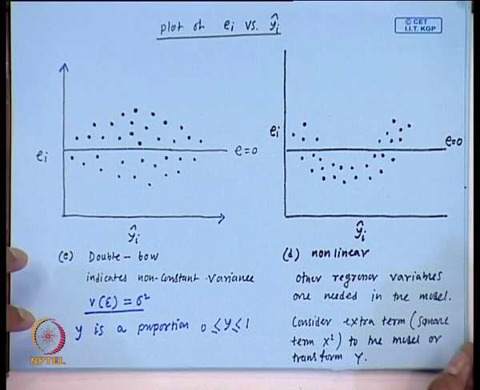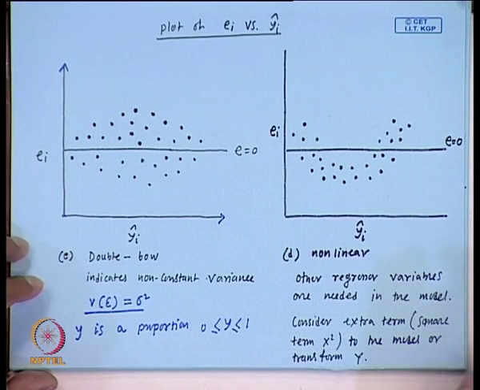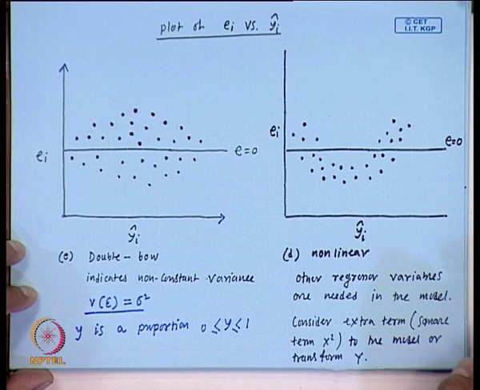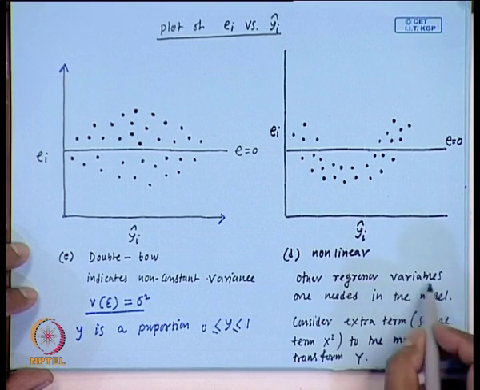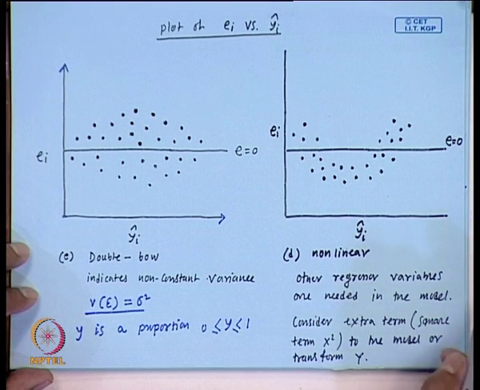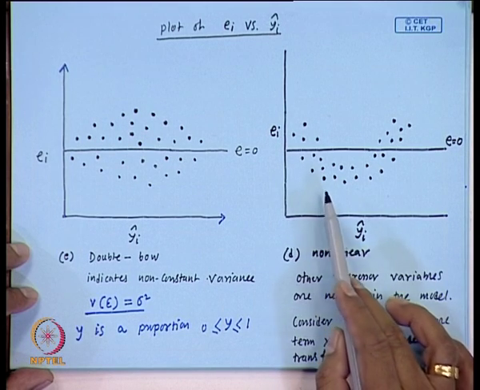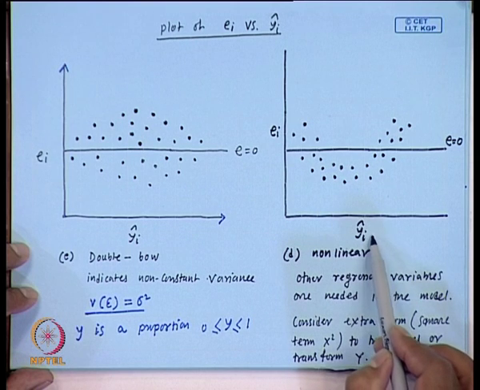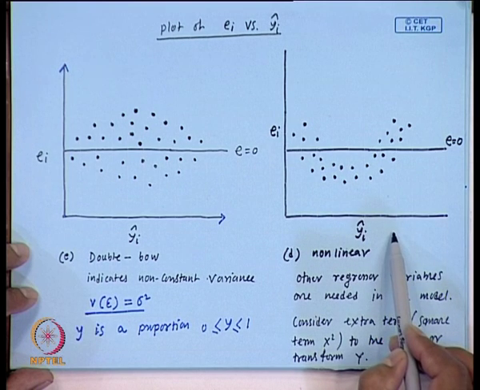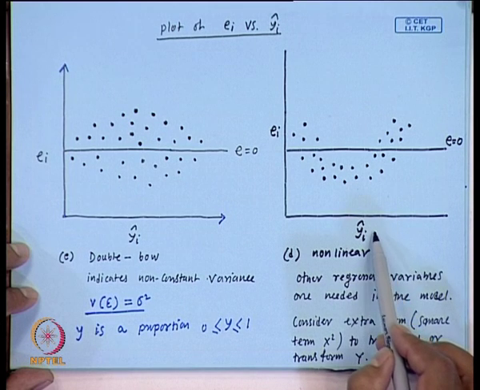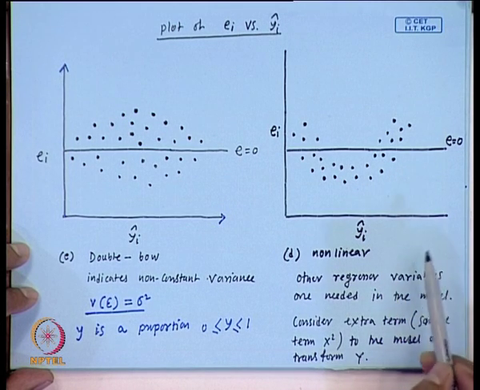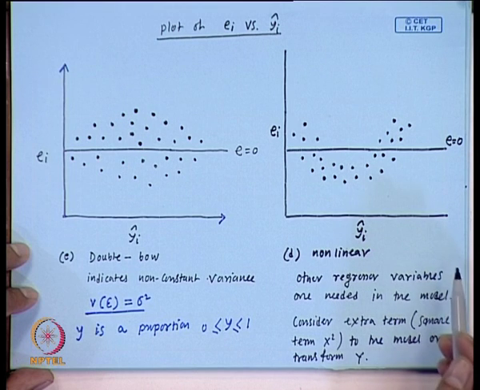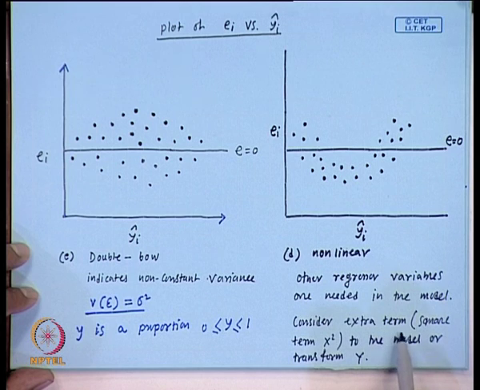Here this nonlinear pattern indicates that other regressor variables are needed in the model. So, this indicates that the relationship between Y and the regressor variable is not linear, we need to introduce some nonlinear term, that means consider an extra term like the square term x square.